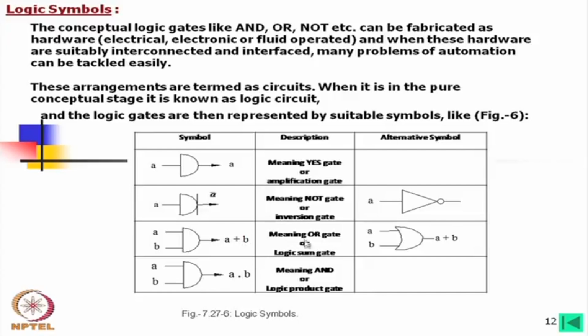This is OR gate, this is AND gate, this is logic sum, this is logic product, and in this case you will find that the alternative symbol has a difference. This device and this device have a difference. So, even if these are not written, still you can understand, but in this case you have to write to understand this device.